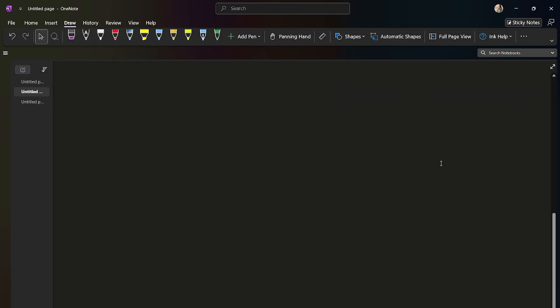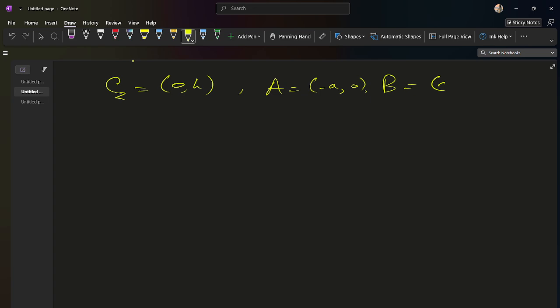Okay, so that's a very easy question, because now we are going to use the distance formula for the new circle passing through A and B. The distance from the center of the new circle, C2, which is (0, h), to A, which is (-a, 0), and B, which is (a, 0), is equal, as the circle is tangent to this.